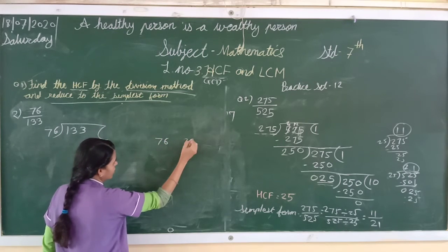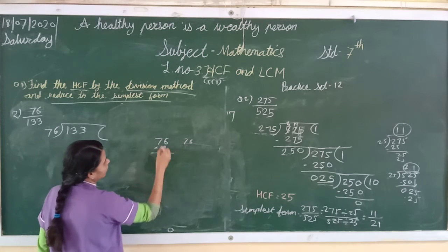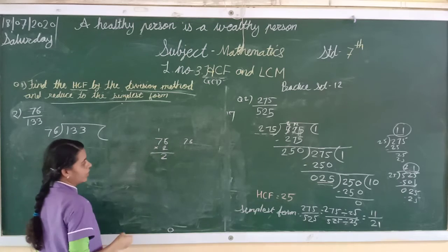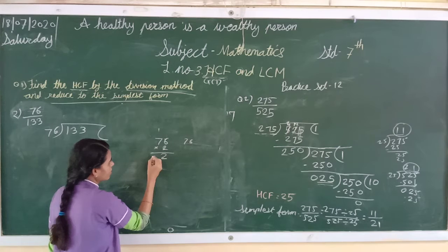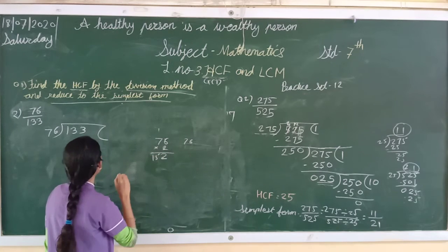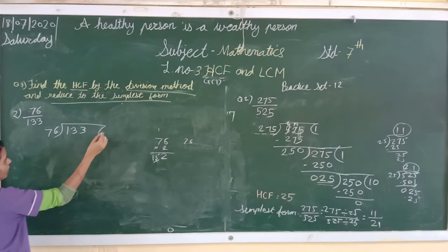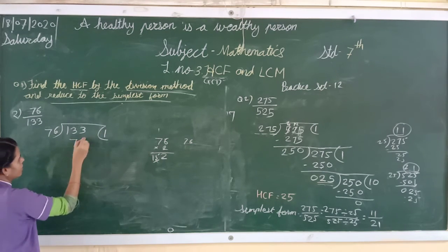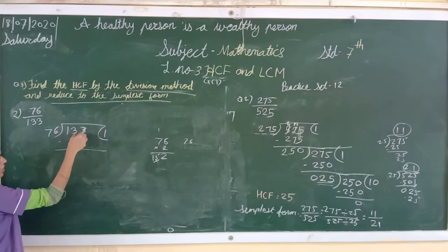76 ones are 76, 76 twos are, 6 twos are 12, 1 carry, 2 sevens are 14, 14 plus 1, 15. Okay, this one is the bigger number, so we will not take it. So 76 ones are 76. Now students, 3 minus 6 is not possible.